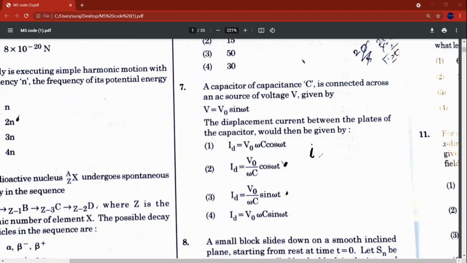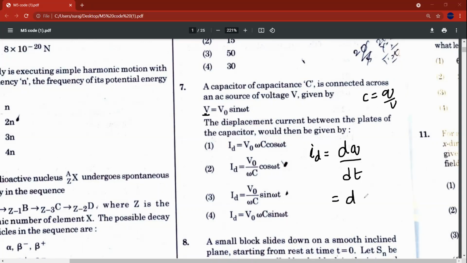So displacement current is what? You can say dq by dt. C is equal to Q by V, so Q will be equal to C times V.